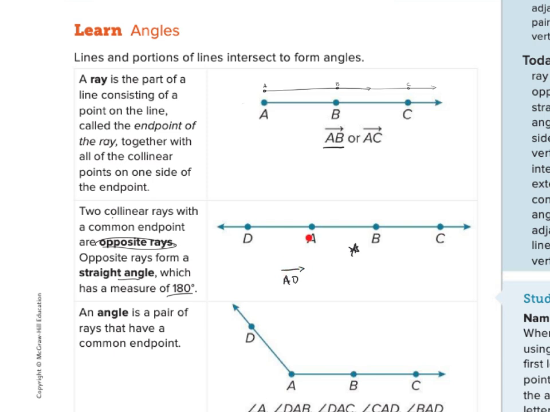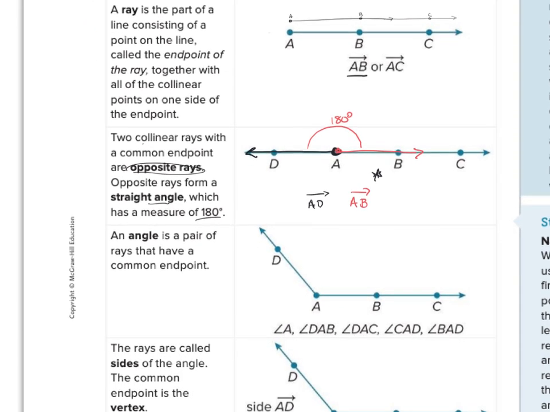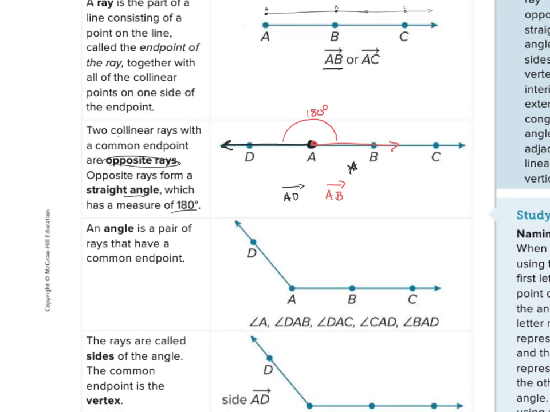My endpoint is A, and it passes through D. And then I also have ray AB. Here's my endpoint, and it passes through there. Those two opposite rays form a straight angle, and that is right here, 180 degrees. So a straight line is 180 degrees. So there we go, and those are how we form angles.